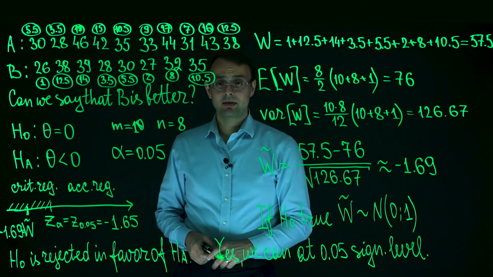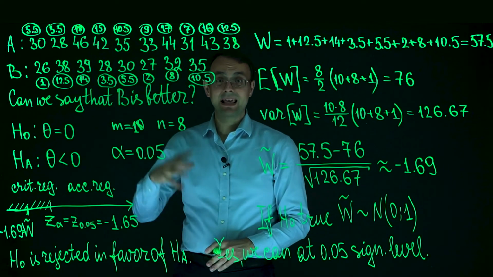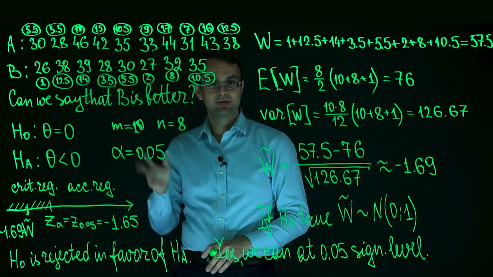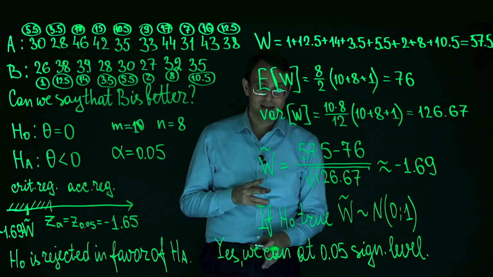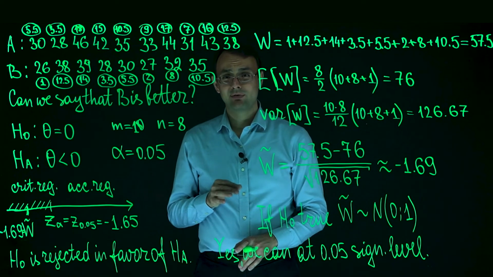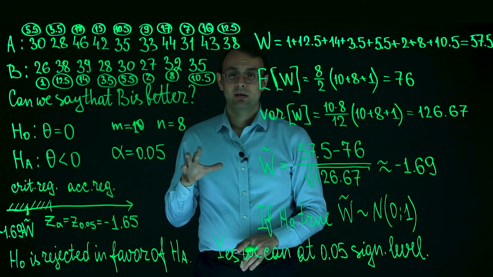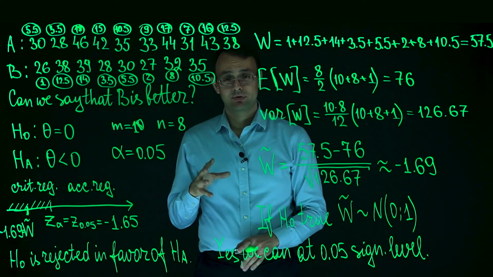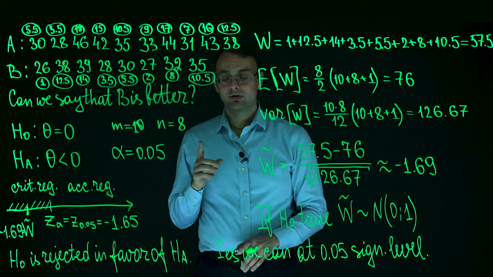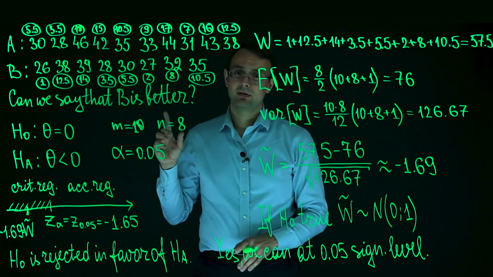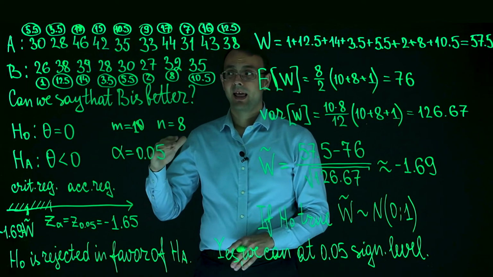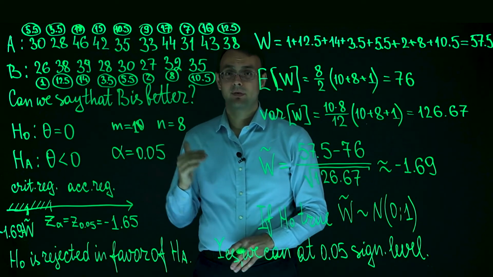It means that we can make a decision, we can say which one of the two hypotheses is rejected and which one is accepted, but we are not so very sure. This means that it's better to consider a greater number of observations.